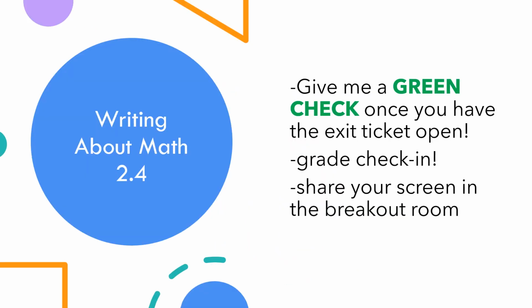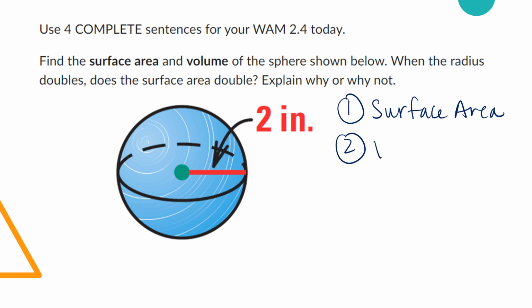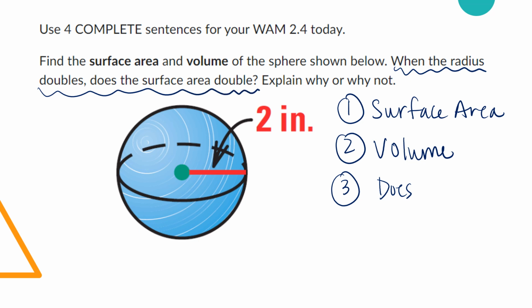Okay, writing about math. So you have WAM 2.4 today. You are finding the surface area and the volume of the sphere shown today. So the first sentence can be surface area. What is your surface area? The second could be what's your volume? Third, answer this question here: when the radius doubles, does the surface area double?